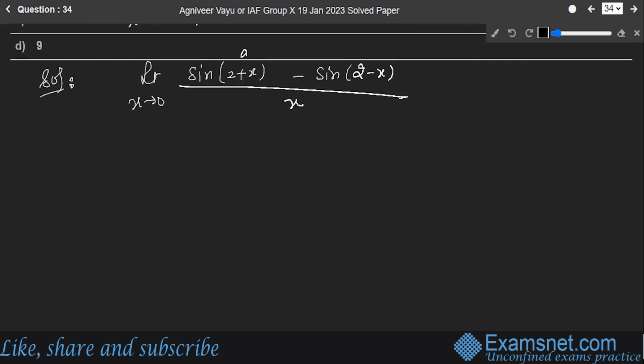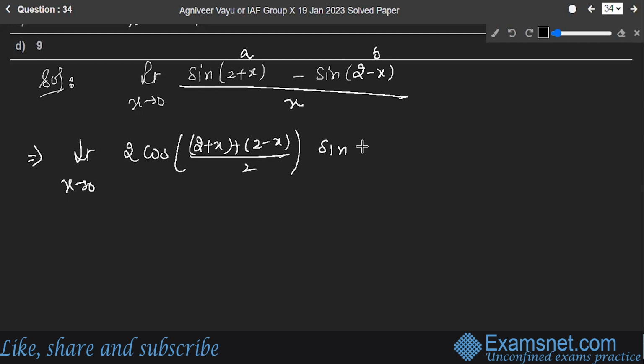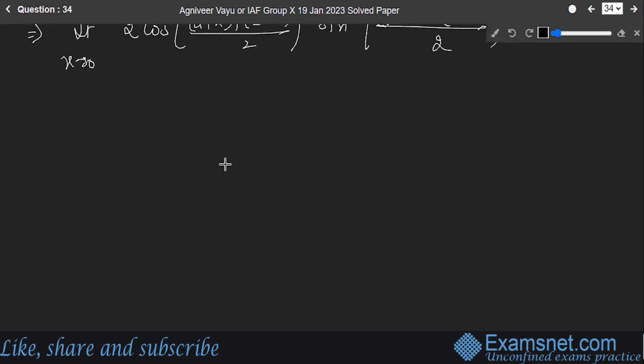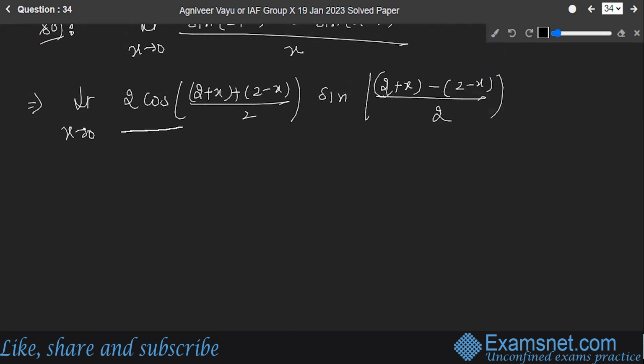Now this is behaving like A and this is like B. So this will be limit x approaching 0 of 2 cos ((2 plus x) plus (2 minus x)) divided by 2, into sine ((2 plus x) minus (2 minus x)) divided by 2, and this whole thing is divided by x.